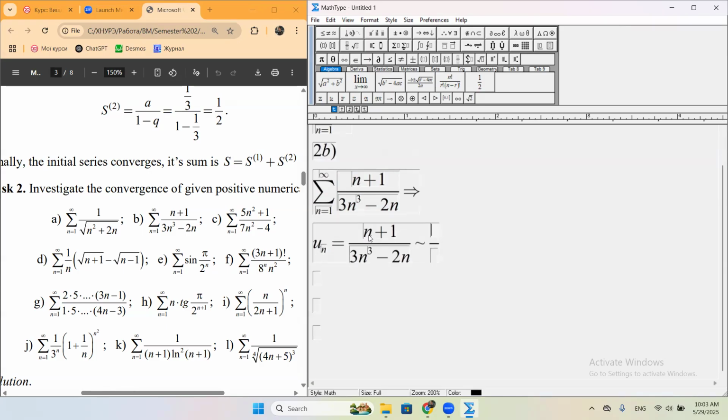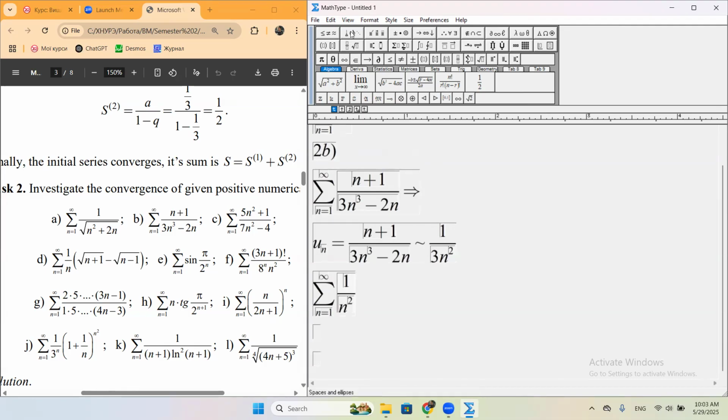Actually, when n approaches infinity, the nth term is equivalent to 1 over 3n squared, and we will compare it with this series, 1 over n squared.